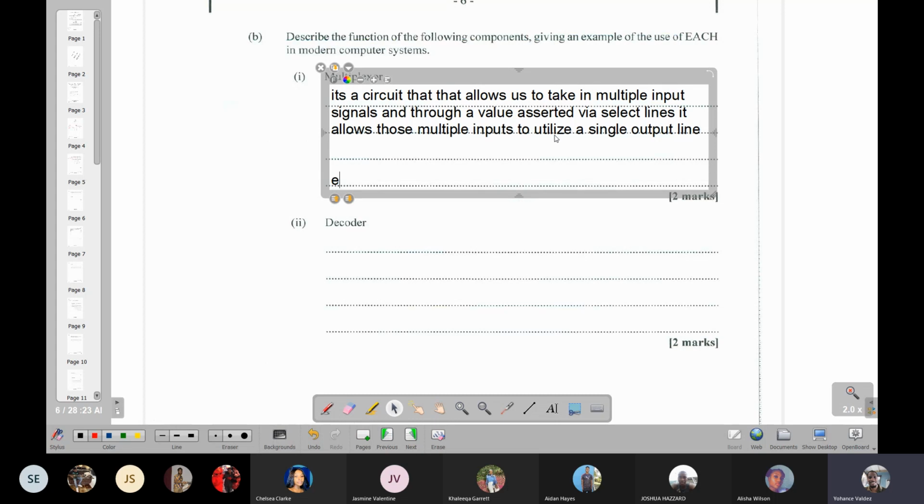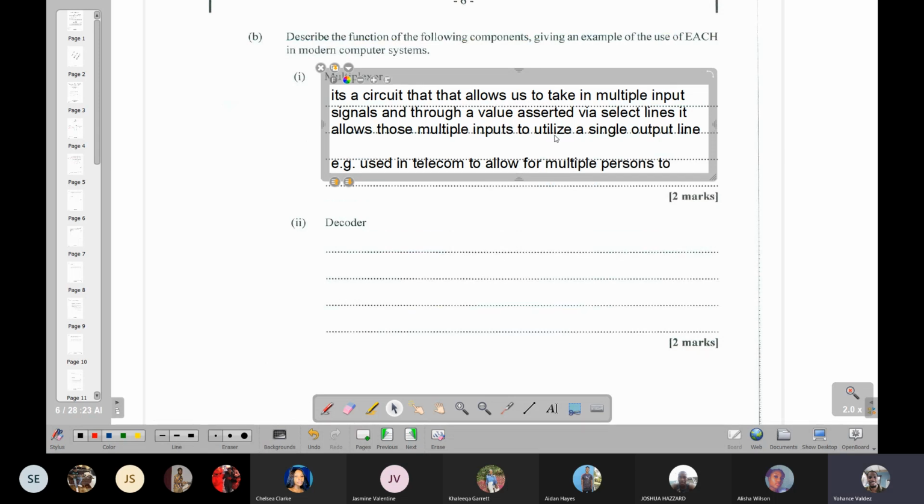Okay, so an example would be used in telecom to allow multiple persons to talk on a phone system at the same time.